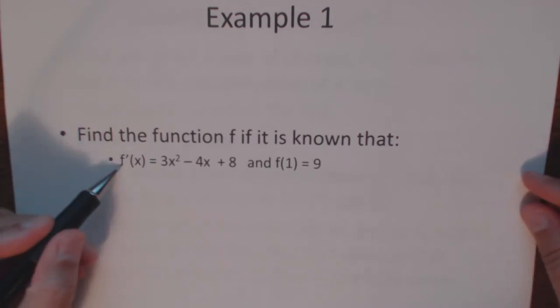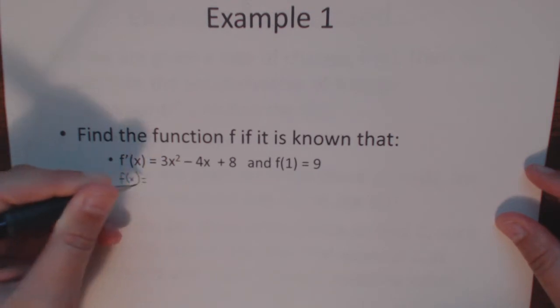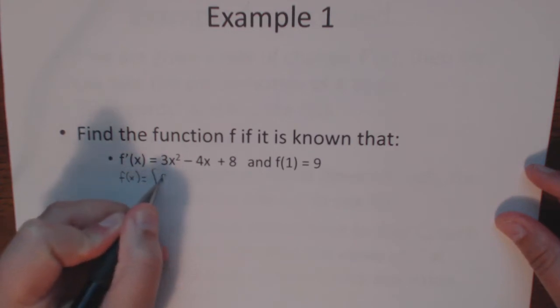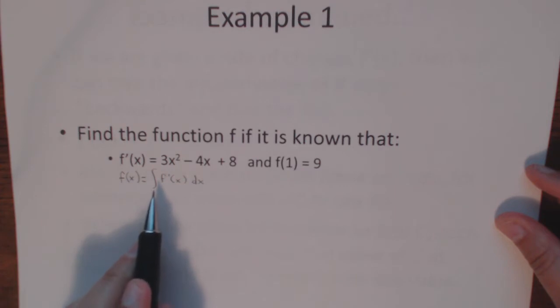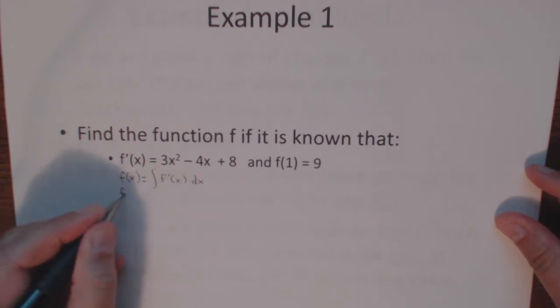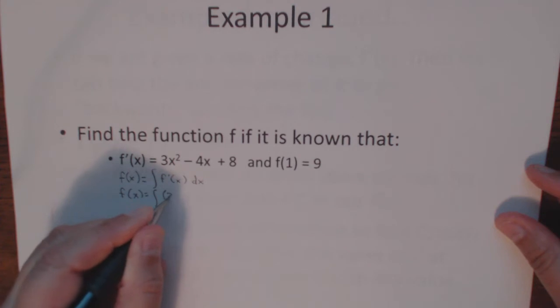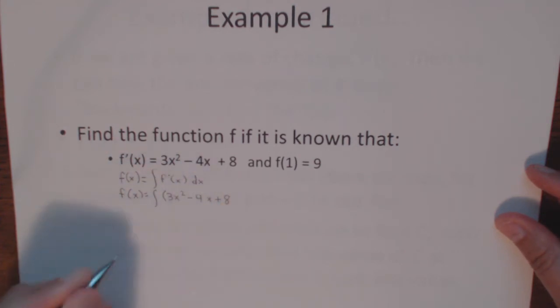So we have this derivative f prime of x, and so the notation would be we want to go backwards and find f of x, and so f of x is the integral of f prime of x dx. We can't write this without writing that. Well, that means that f of x equals the indefinite integral of 3x squared minus 4x plus 8.